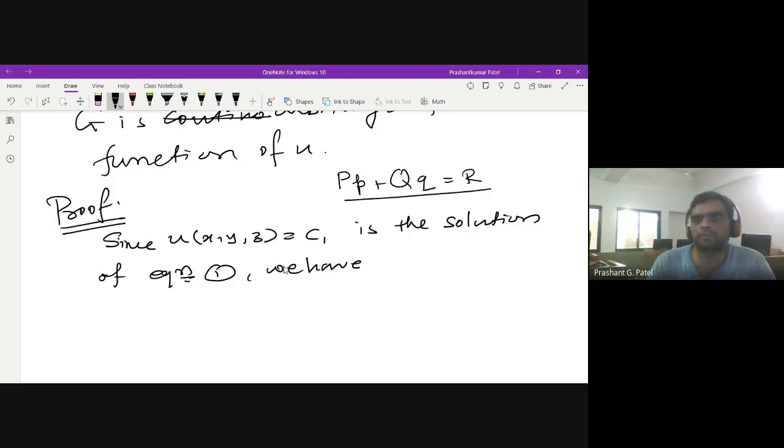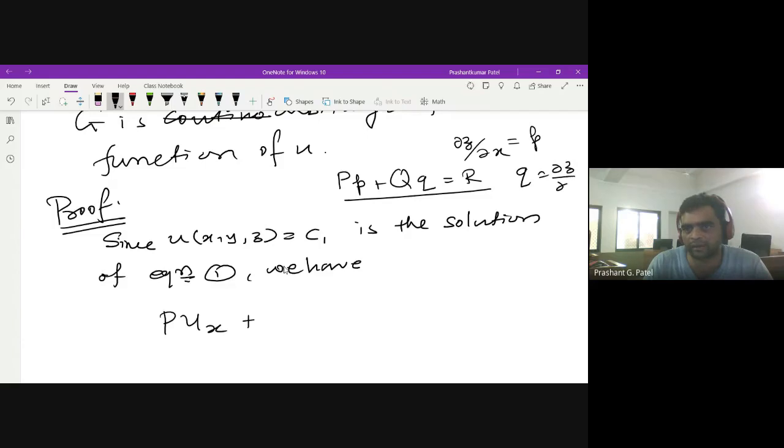Now what is P here? P is a function of x, y, z. So here what we are saying is u is a function of xyz, which will be a solution. That means it will satisfy this differential equation. P is represented as del z by del x, and the value of Q is del z by del y.